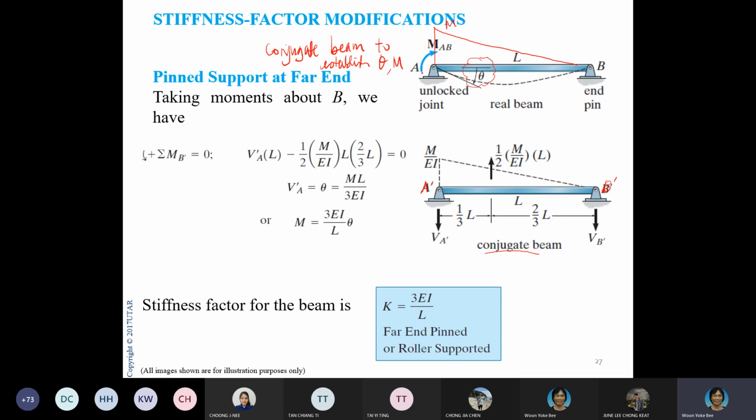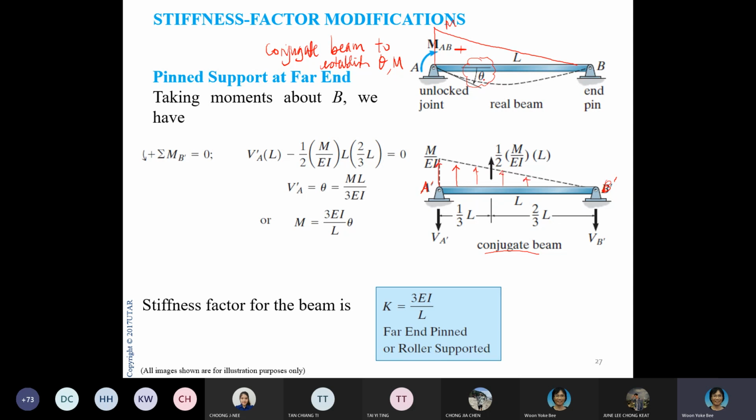I convert the fixity at the joints, and since this is pin and pin, it remains pin and pin, so there's no change in the fixity. The moment divided by EI becomes the load on the conjugate beam, and because this is positive, the loads are pointing upwards. I hope you recall how to do your conjugate beam.